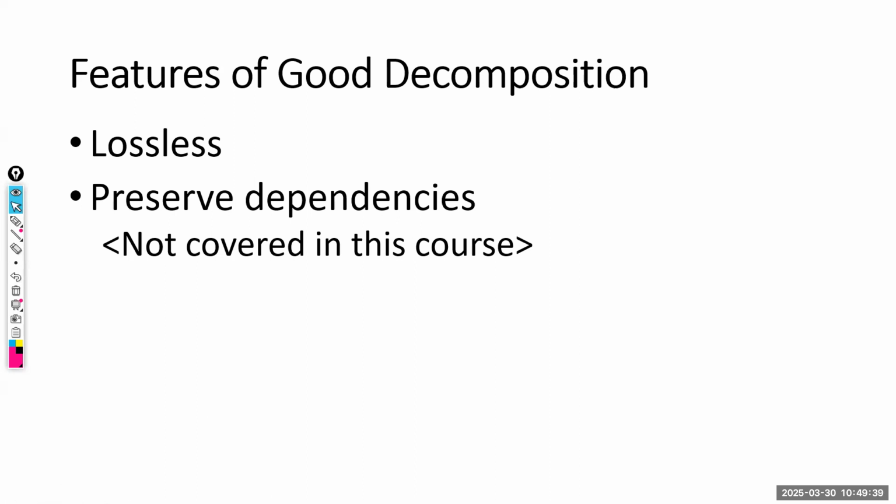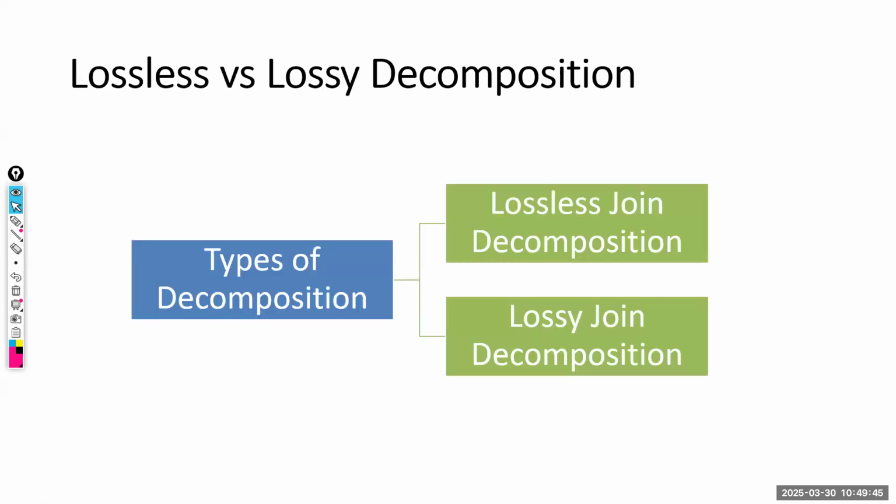Right. So let's see what is meant by lossless decomposition. Decomposition means break it into parts. So when you decompose a table into multiple tables, there are two possibilities: lossless decomposition, lossy decomposition.